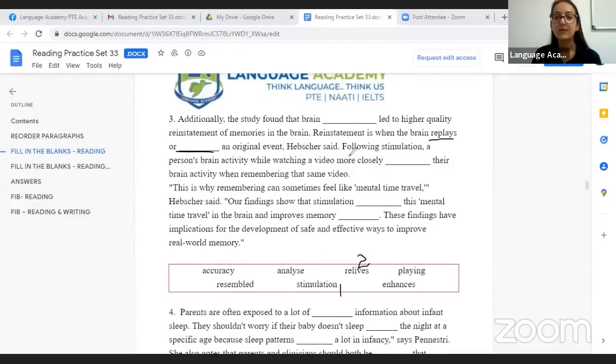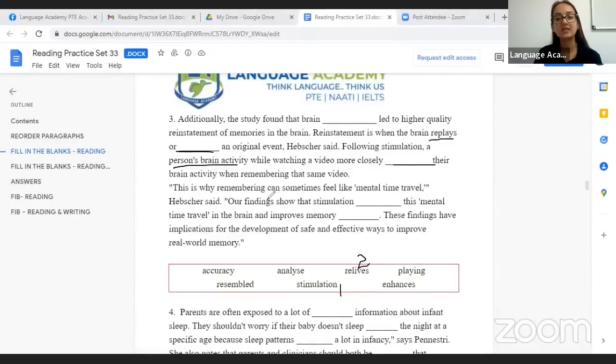This person said, following stimulation, a person's brain activity while watching a video more closely dash their brain activity when remembering the same video. So basically they wanted to say this brain activity dash the other brain activity. And most of you have written enhances. Can one brain activity increase the other brain activity?